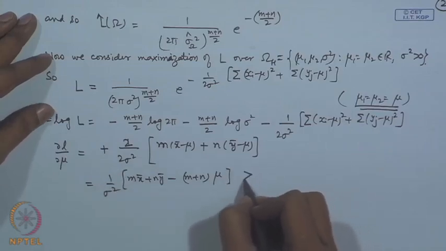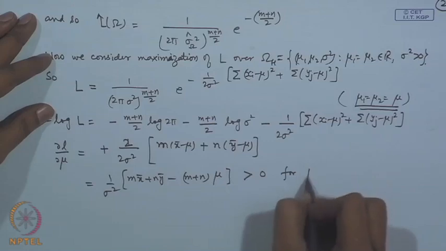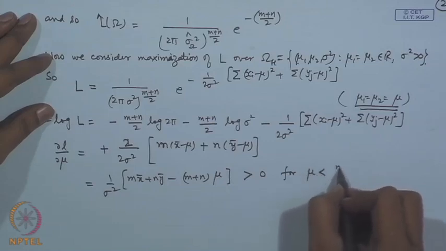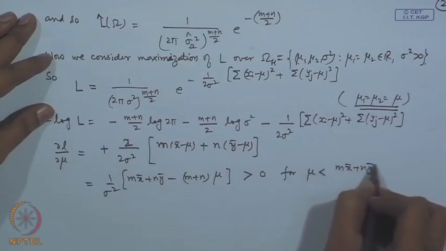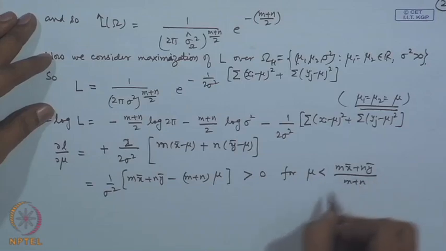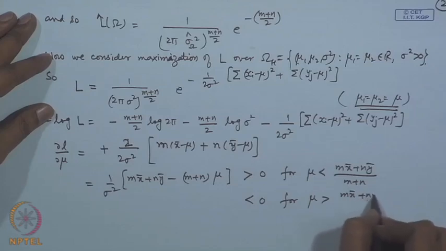So, easily you can see this is greater than 0 for mu less than (m x bar plus n y bar) divided by (m plus n), and less than 0 for mu greater than (m x bar plus n y bar) divided by (m plus n).